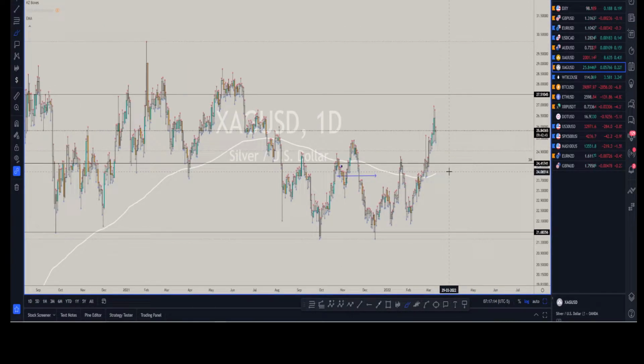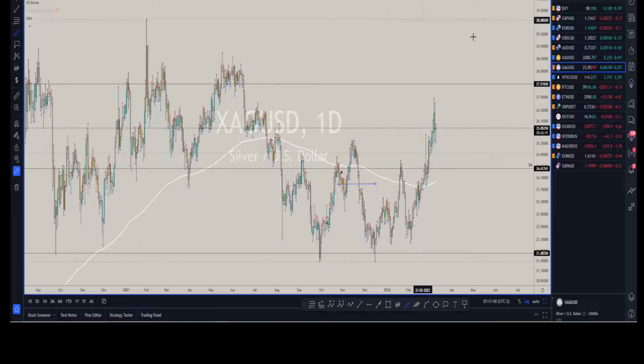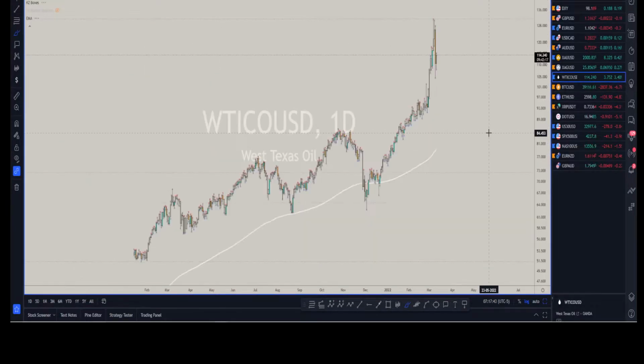Silver is the same thing, like all the common, even we have this that needs to repeat. It can repeat here and take it up, or it can just continue going up. See how it creates these wicks. Okay, so these are pulling back.